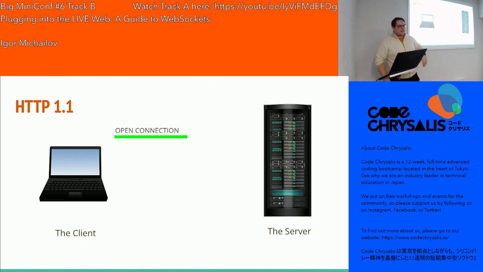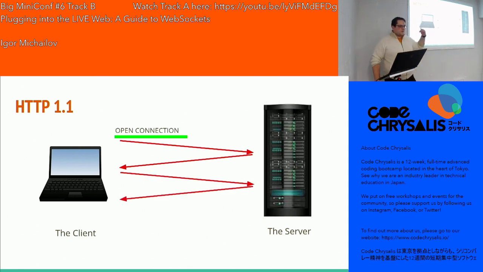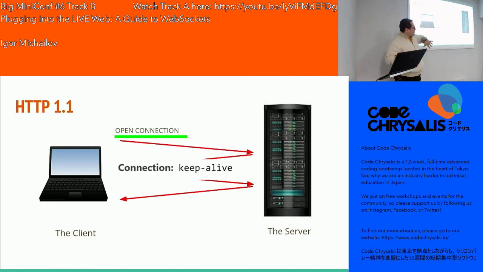What it means is that once the connection was opened, the client would again send a request, the server would do some processing and send back a response. But at this point, the client could say, oh hey, by the way, give me that CSS file as well, and the server would then return the CSS file. This was possible because both the server and the client knew what this meant.